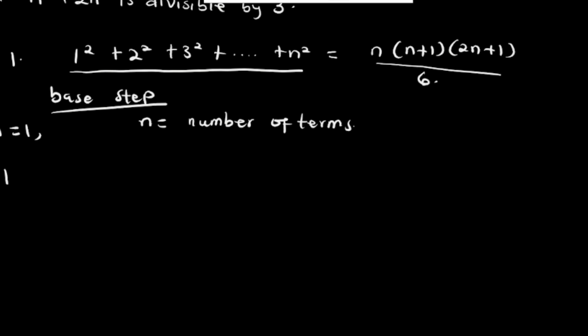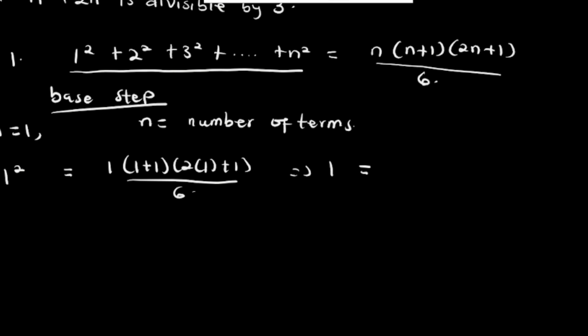So I'm going to have 1 squared on my left side, which should be equal to, at this point, wherever I see n, I put 1. So I have 1 multiplying 1 plus 1, multiplying 2 open bracket 1 plus 1, all over 6. My left hand side will give me 1 because 1 squared is 1.